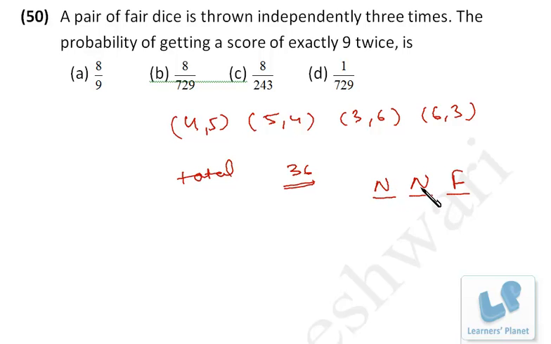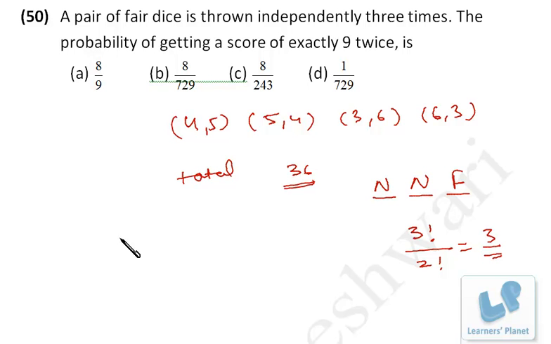That means 9, 9 and not 9. This is a 3-letter word which we have to arrange. So a 3-letter word in which one letter is repeated can be arranged in 3 factorial by 2 factorial. That's 3 ways, right?